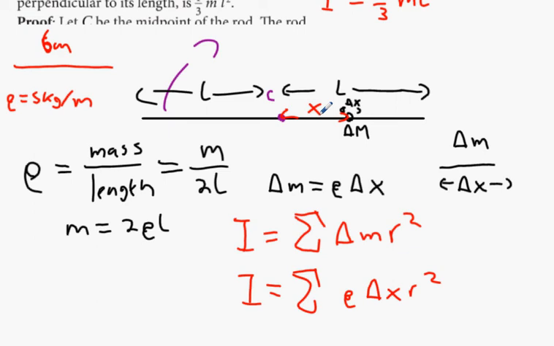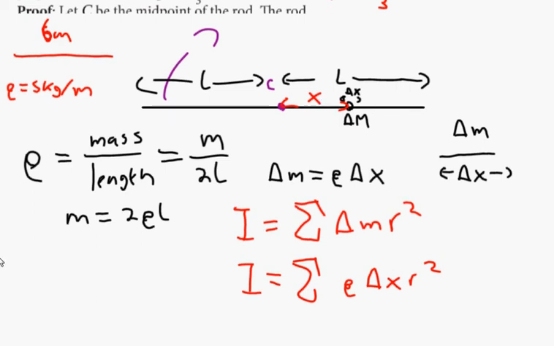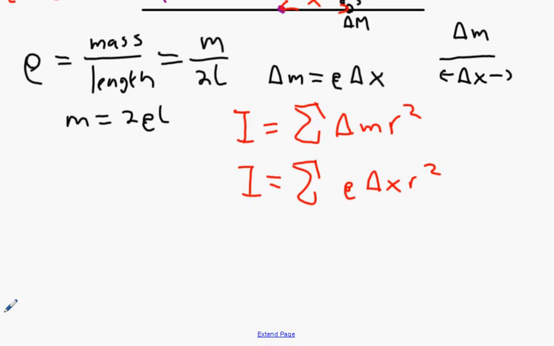Because remember we said that the inertia of any piece of material depends on how far you're away from the axis of rotation? So we're going to define that as x. So that's now going to turn into the sum of rho x squared delta x. Is everybody happy enough with that?